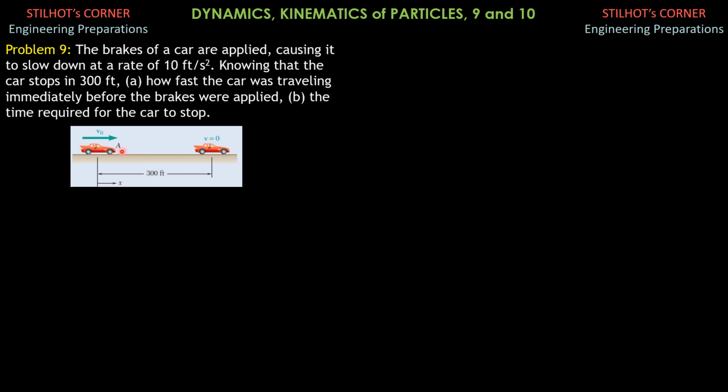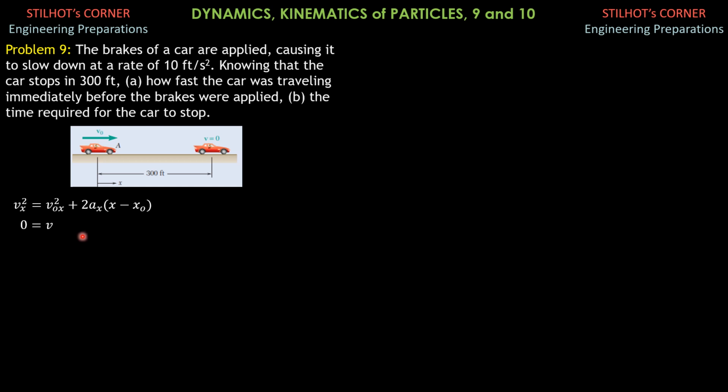Because the car starts at the position where the initial position is 0, xo would be 0. So v sub x square equals v sub ox square plus 2 a sub x times quantity x minus xo, where again xo is 0, final velocity is 0, x is 300 feet, and a sub x is negative 10 feet per second square.